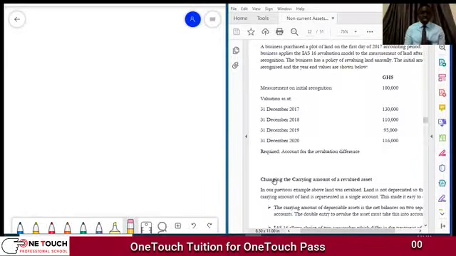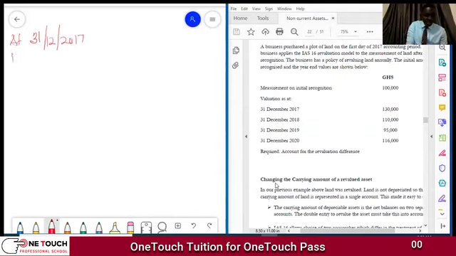Okay, good. So let's look at 31st December 2017. The revaluation has resulted in a revaluation gain.